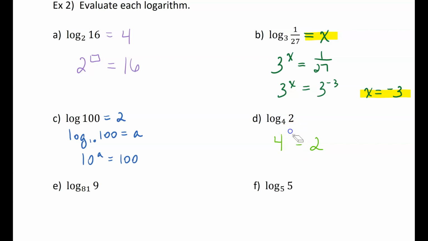I'm going to go ahead and change that to an x because it's easier to work with than a question mark. So this is like having 2 squared raised to the x power is equal to 2 to the first. Solving the exponents now, 2x is equal to 1, which means x is equal to 1/2. So log base 4 of 2 is equal to 1/2.